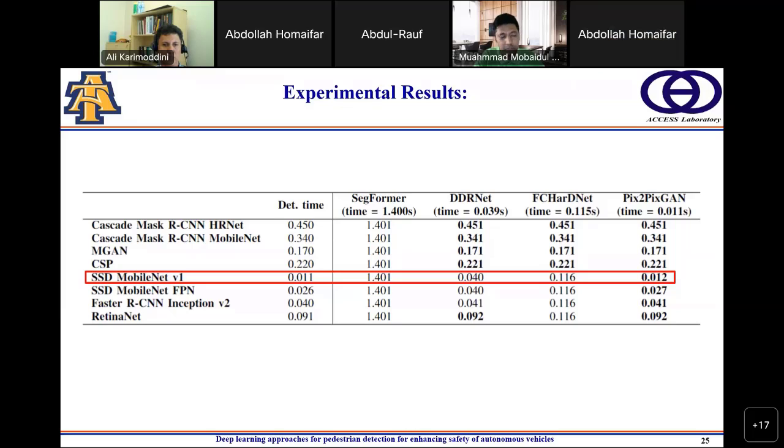Other than this, most of the networks, like Faster RCNN, SSD MobileNet, and SSD MobileNet FPN, work in real time.